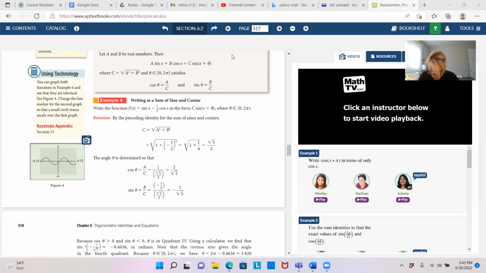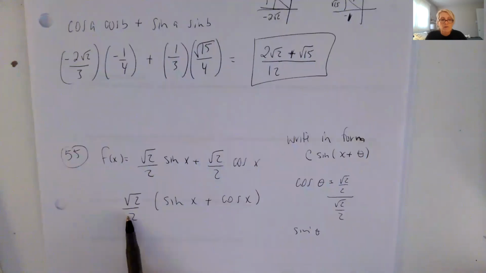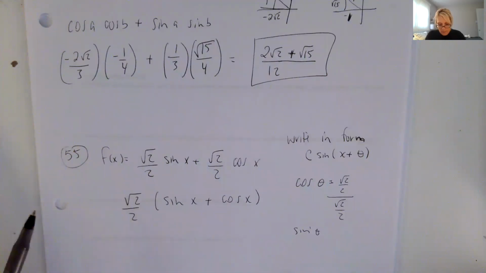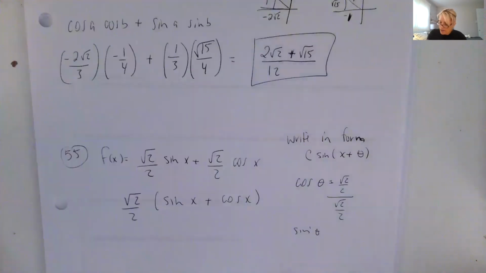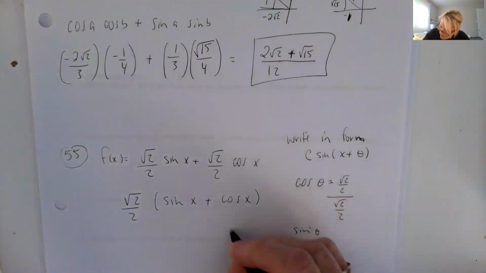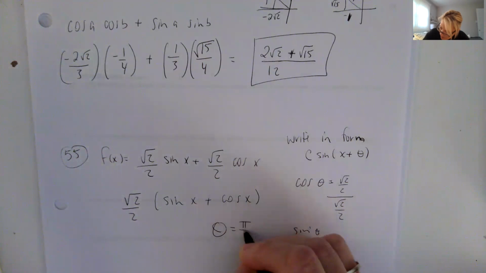So that means when we look at ours, let me go back to my paper. When we go back to ours, they share the square root of 2 over 2. And they're both the square root of 2 over 2 at pi over 4. So that is our angle. So our angle is equal to pi over 4.